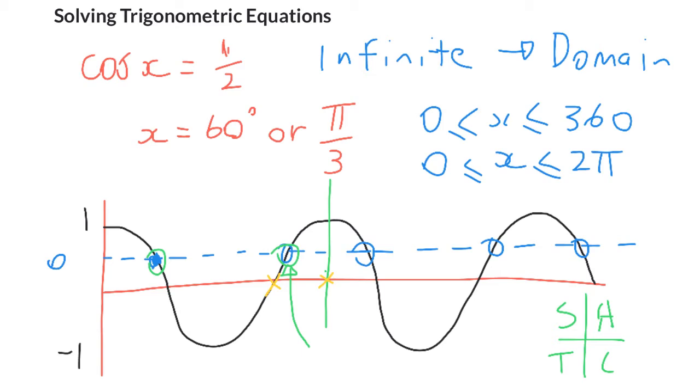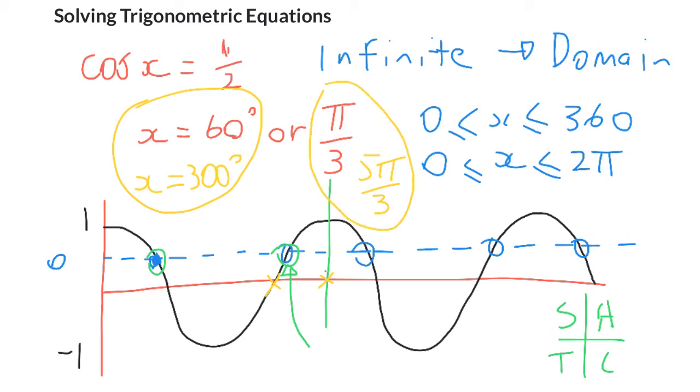Well, if I'm dealing with degrees, I would say 360 minus my acute angle, and that would mean I could also have x equals 300 degrees. And those would be my two solutions. If I was dealing with this in radians, I would say 2 pi minus pi over 3, which would be 5 pi over 3. So my two solutions in radians would be pi over 3 and 5 pi over 3.